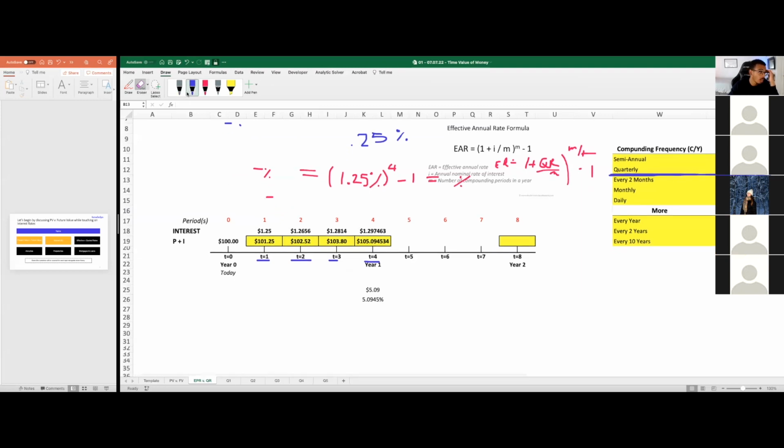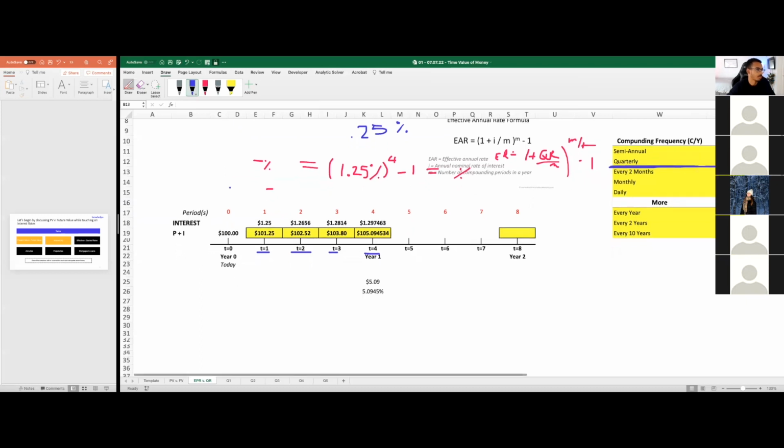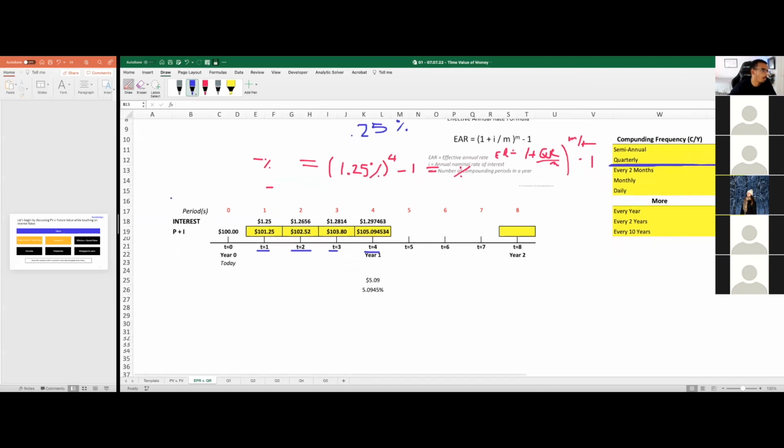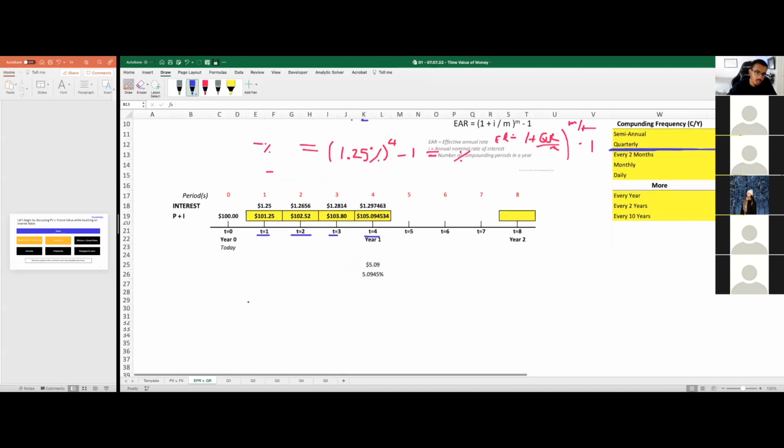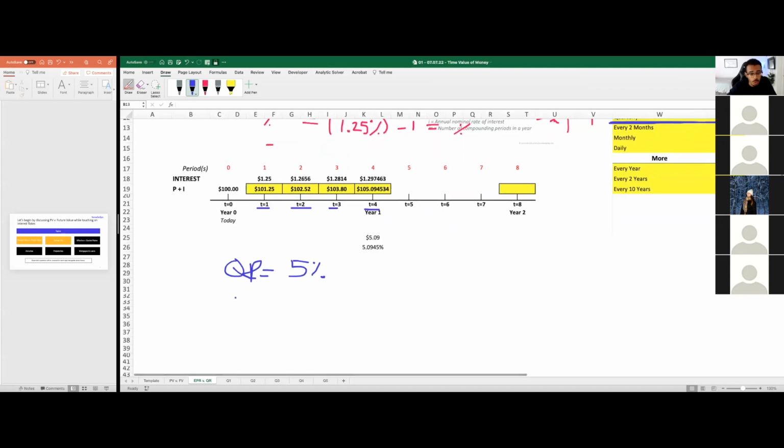So Waleed says, so this is what we did. Oh, maybe you want to do 1/4. Sorry about that. But essentially what we did in this question is we took our quoted rate, which was 5%. Then we divided it by 4, such that it gives us 1.25%.